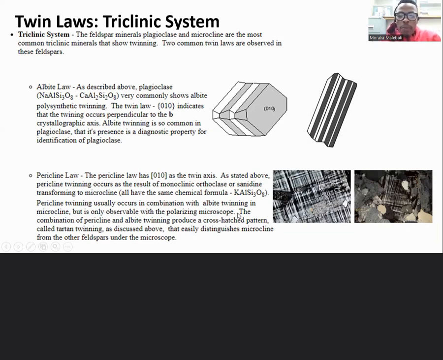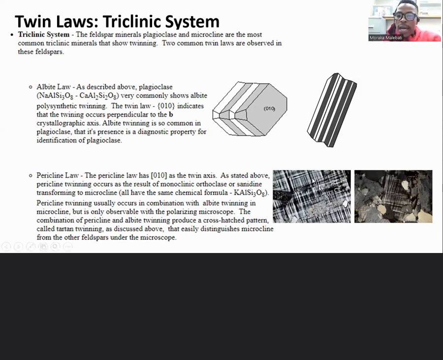This type of twinning occurs in a simple way when you combine pericline and albite. When you combine pericline and albite twinning, you produce the tartan twinning, or the pericline law, or the cross-hatched pattern.